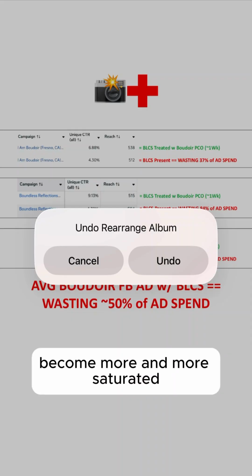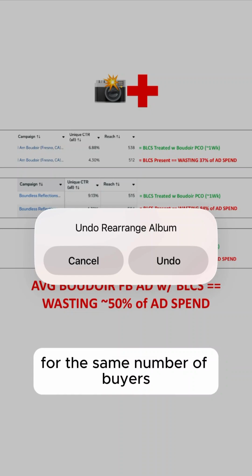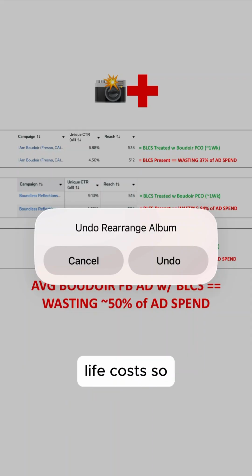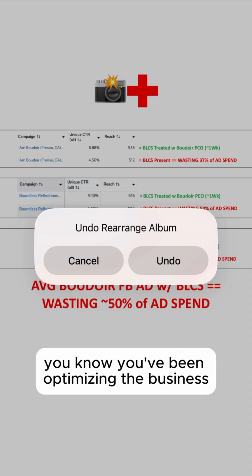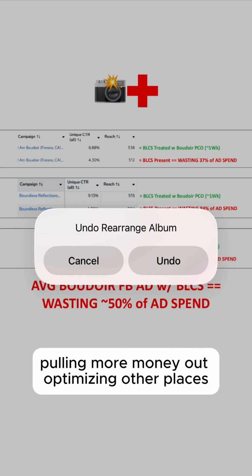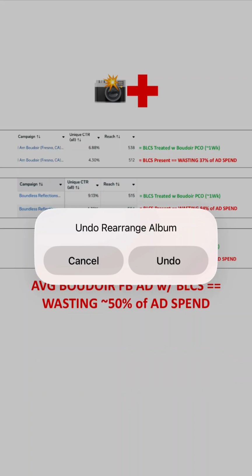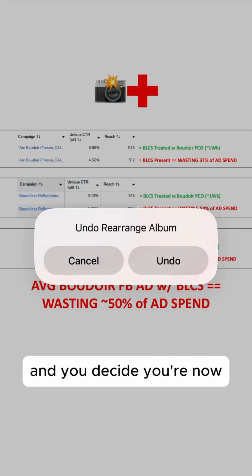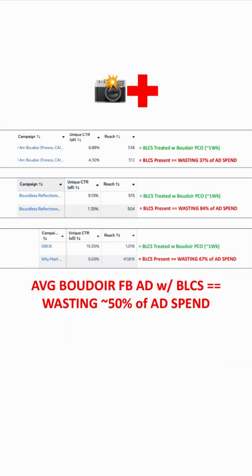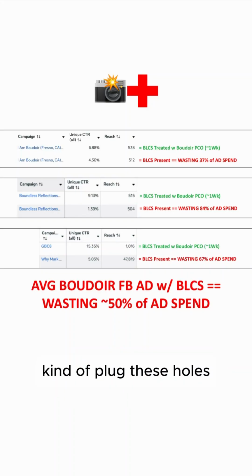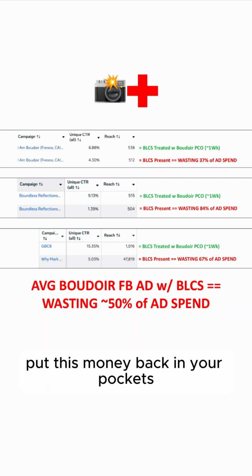So you're just seeing the market become more and more saturated for the same number of buyers. And you're seeing inflation and cost of living. So you've been optimizing the business, pulling more money out, optimizing other places, pulling more money out for the same input, same effort. And you decide you now want to do that with the Facebook ads part of your business. Kind of plug these holes, become more efficient, put this money back in your pockets.